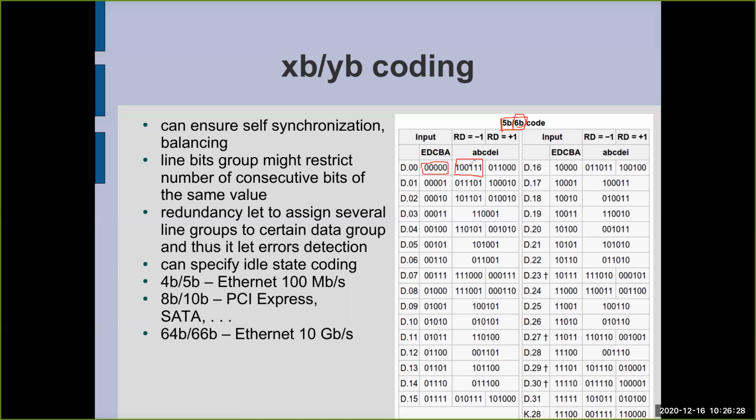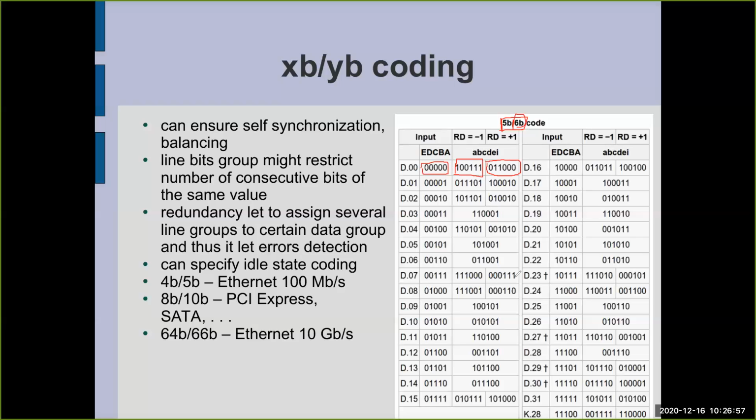Because if we want to ensure self-synchronization, the value is selected based on the previous value. So, for example, if the previous value was 1111, to achieve self-synchronization, this option will be used.